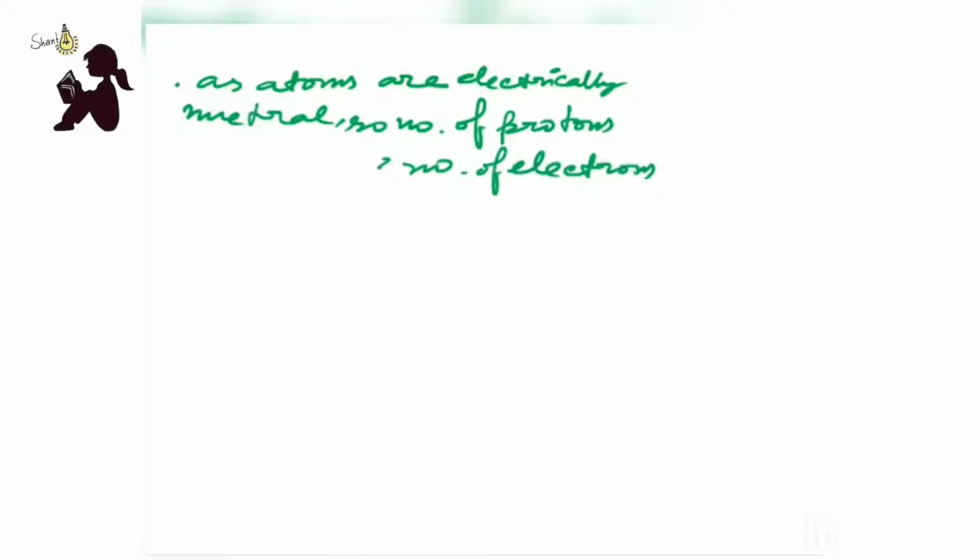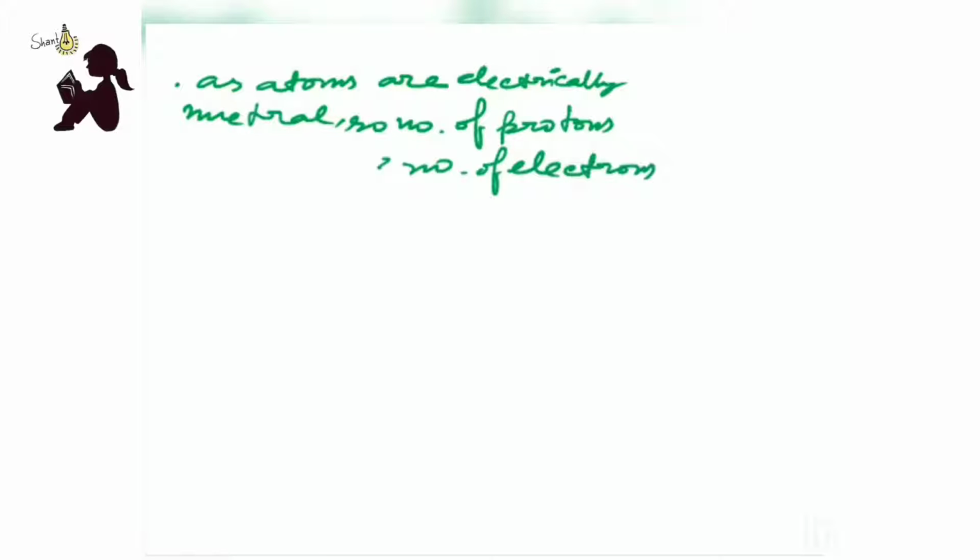Since the atom is electrically neutral, the atom has equal number of extranuclear electrons and internuclear protons. So let's write that as atoms are electrically neutral, so number of protons is equal to number of electrons.